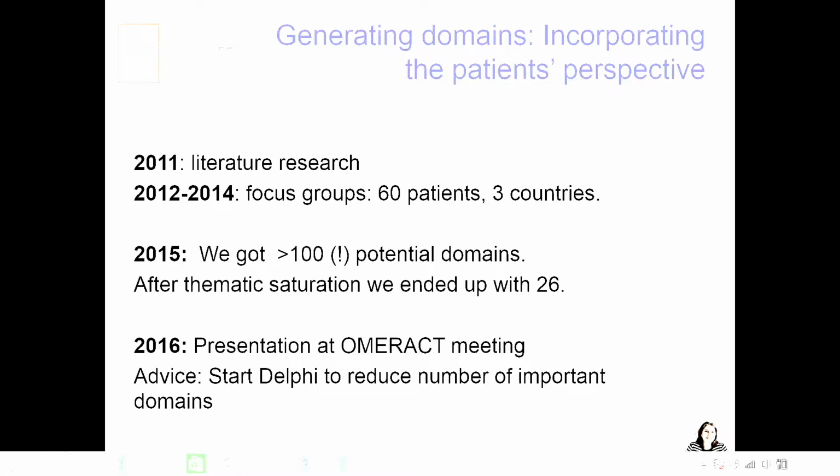At OMERACT 2016, we presented that list of 26, and we asked for advice on how to proceed. As you can imagine, 26 domains is not a realistic or very pragmatic number to use in clinical trials. So the advice then was to use the Delphi method to reduce the number to a max of 5.